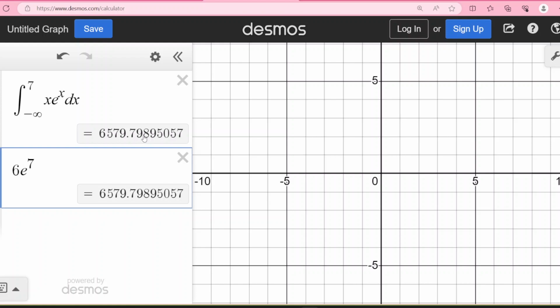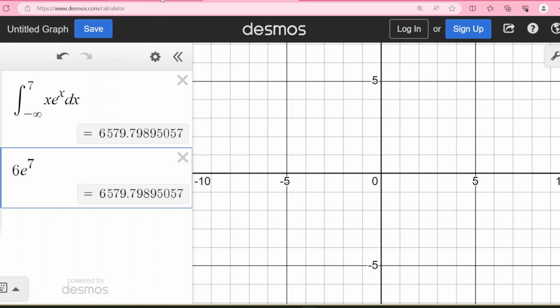It just might converge to a number that the calculator can't handle. So just because something says undefined here doesn't mean it's not convergent. You might have to go and test it out. But if you enter the improper integral into your Desmos calculator and it comes back with a value, that's telling you it's convergent. And it converges to this 6e to the 7th that we found.